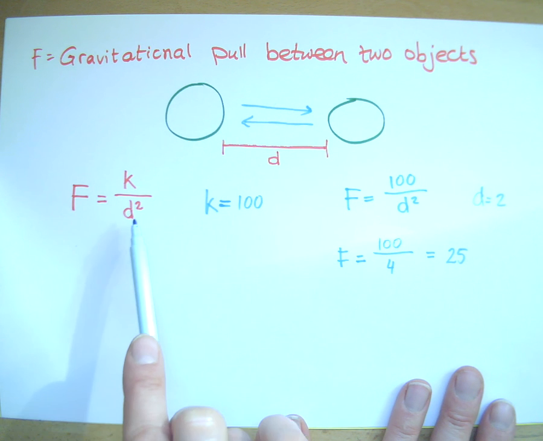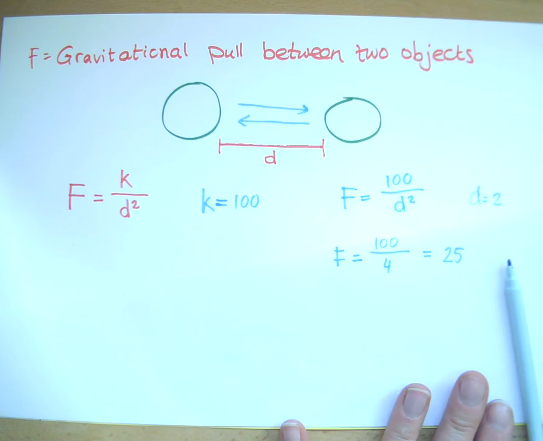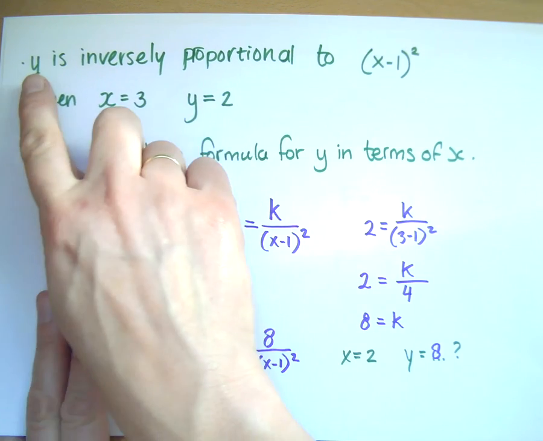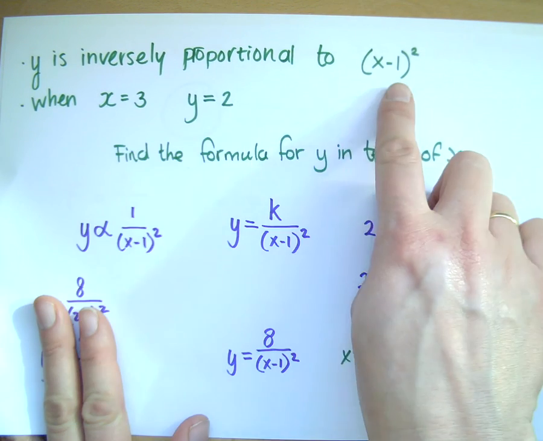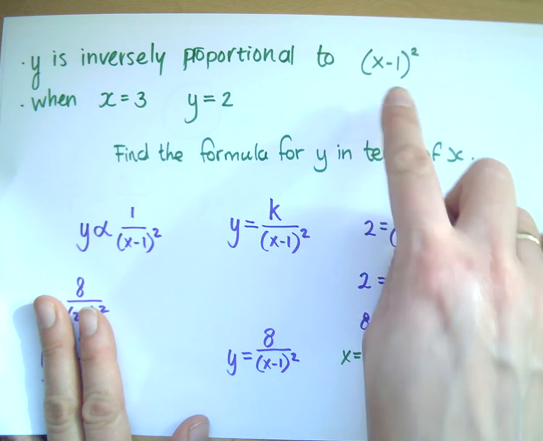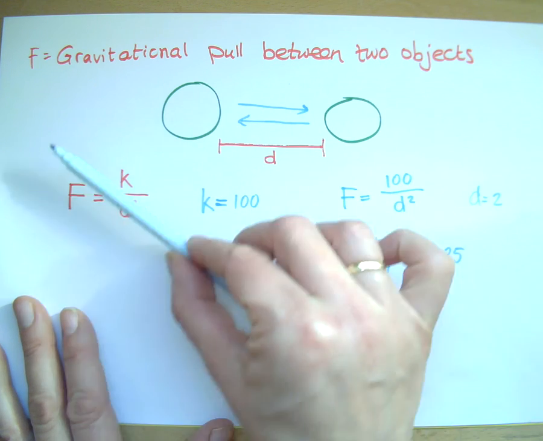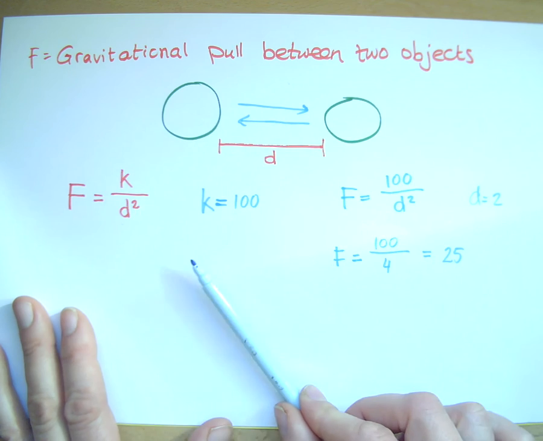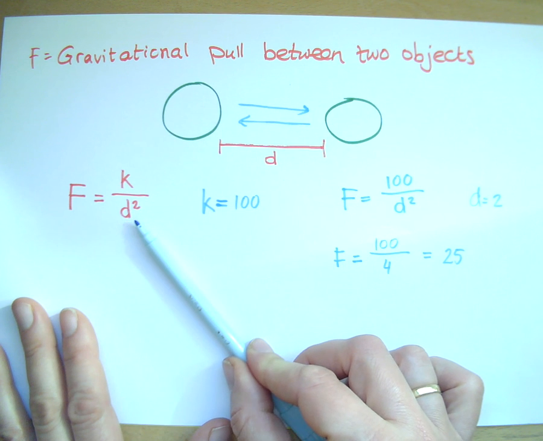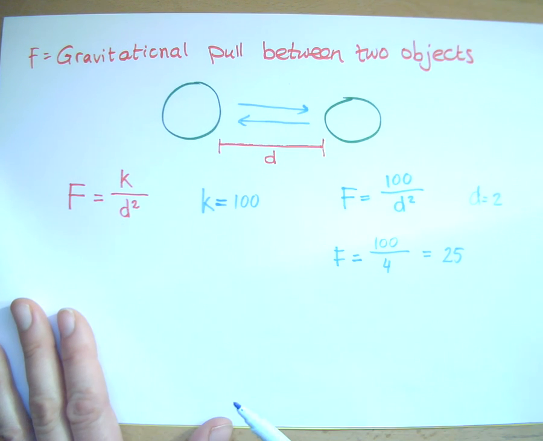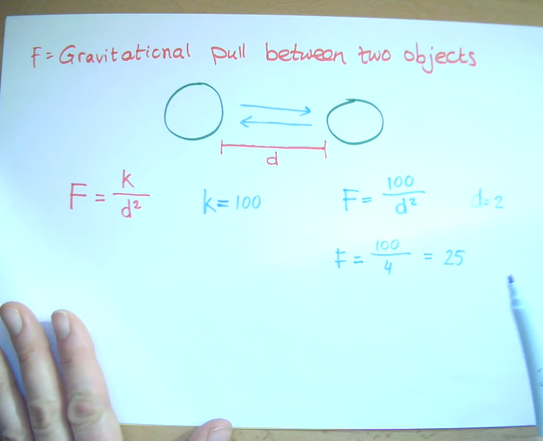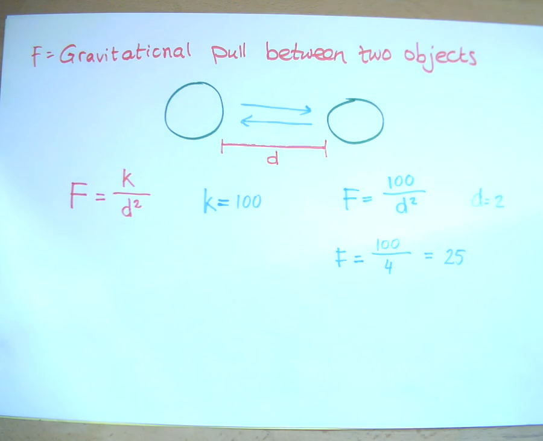So it's not just to make life complicated that I introduce situations where a variable is inversely proportional to something squared. That is not just to practice with the numbers, it's actually a real life thing that you run into when looking at gravitational pull between two objects. I think that's awesome. I hope you do too. Anyway, good luck with the exercises, and I'll see you later.